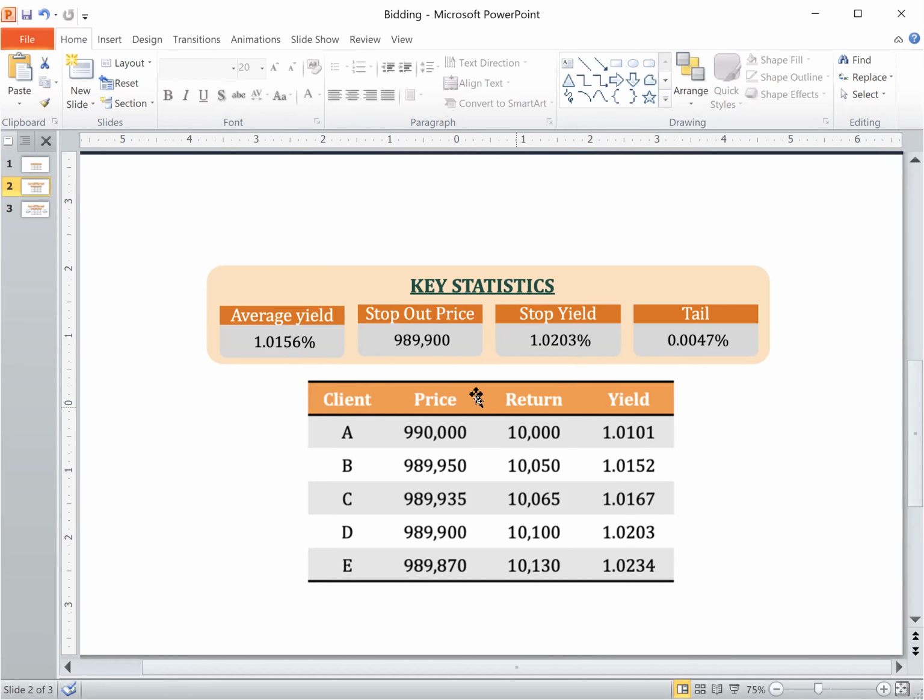Tail would be the difference between the average and the stop yield. So we can note it down, guys. Average would be the average of all the yields which are selected.